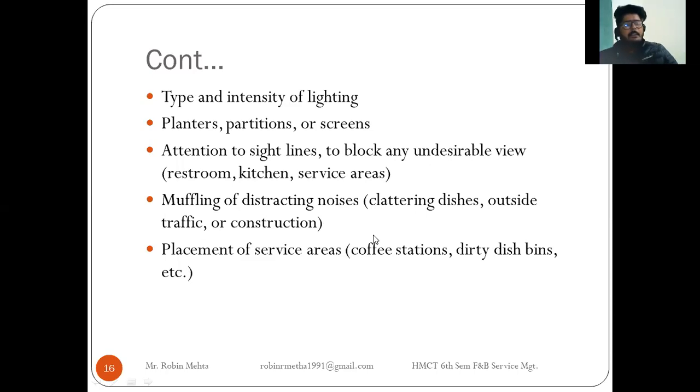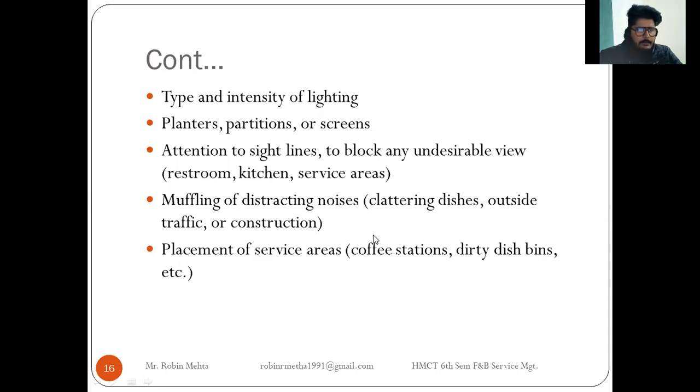If there is a partition in the restaurant, we have to avoid that. We should put some kind of sight lines there, some kind of window sheets that are available in the market. We can put those there.